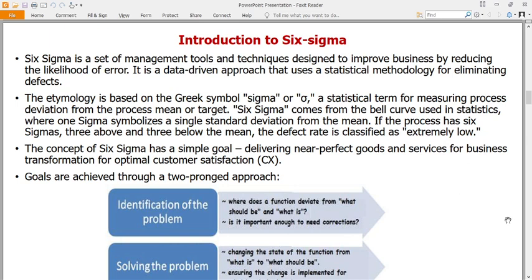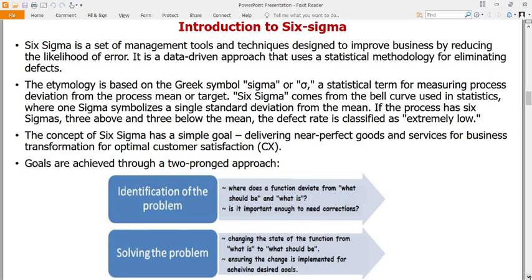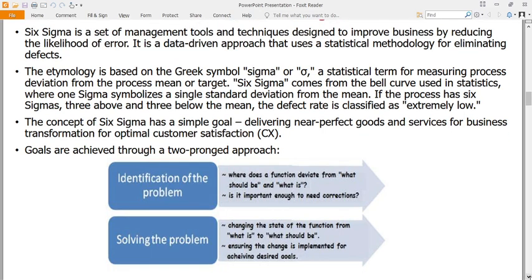So the concept has a simple goal of delivering near perfect or perfect goods and services for business transformation that lead to customer satisfaction. So this is achieved through a two-pronged approach, whereby the first one is identification of the problem, and this we look at where does a function deviate from what it should be and what it is.